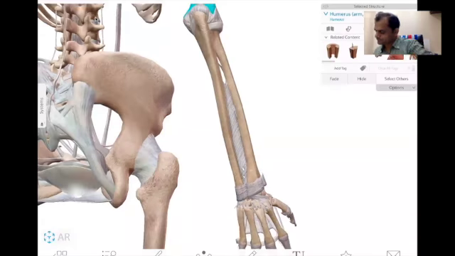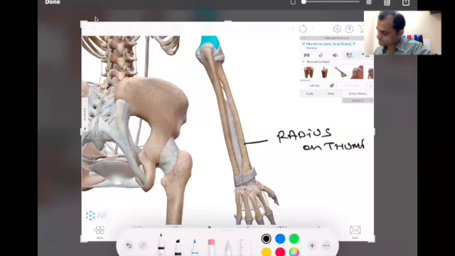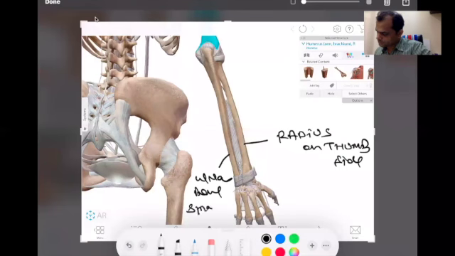Here, this is the radius bone on the thumb side. This is the ulna bone on the small finger side.